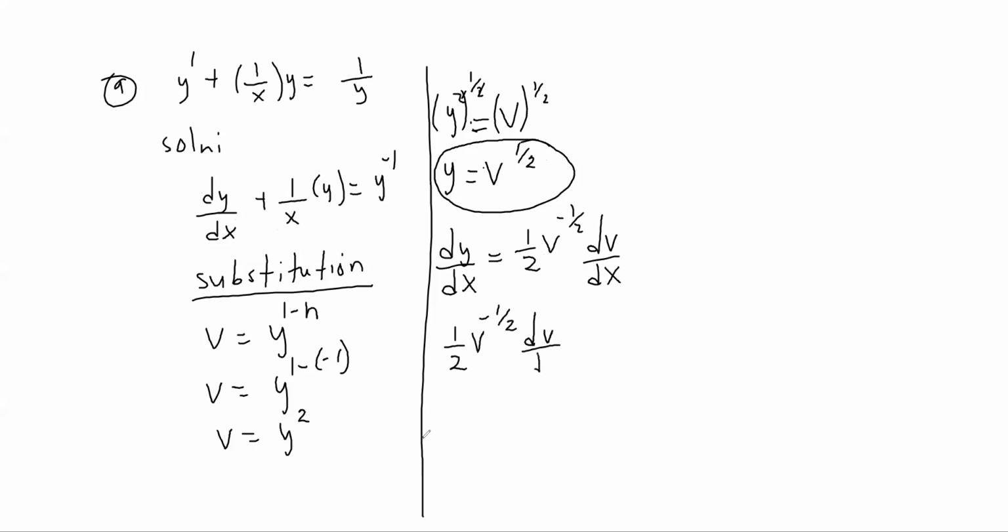Okay, so wherever I see dy by dx, I'll have 1/2 v raised to the minus 1/2 dv by dx plus 1 over x times y. Wherever I see y is v raised to the 1/2, will be equal to, wherever I see y is v raised to the 1/2. But remember, this y is raised to the negative 1, so times negative 1.